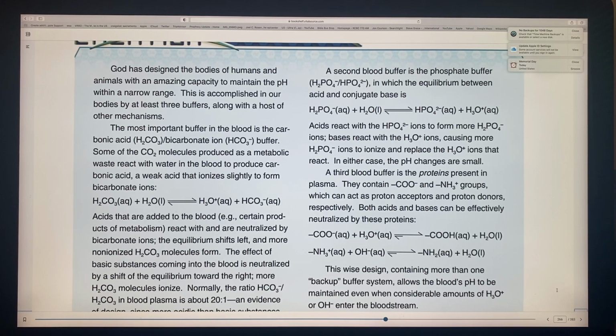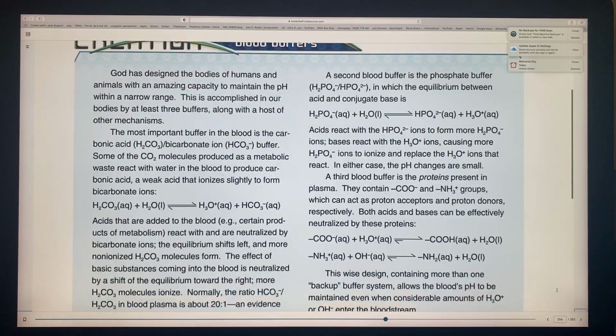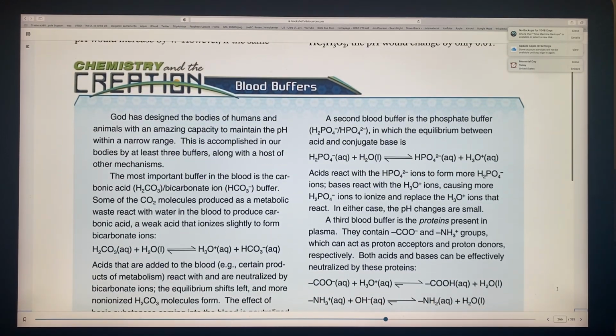As we're breathing in, taking oxygen in, and it goes through our heart and everything, then carbon dioxide metabolizes out and we breathe out carbon dioxide, but also some of the carbon dioxide turns into this buffer system with this weak carbonic acid in our body that is used to keep our blood within the neutral pH range. So how amazing. So number 1 is the bicarbonate system from carbon dioxide.